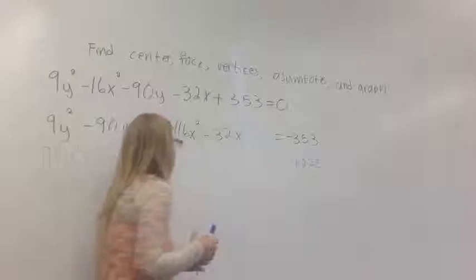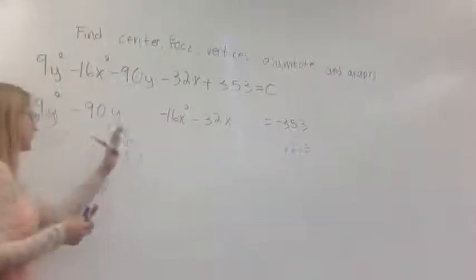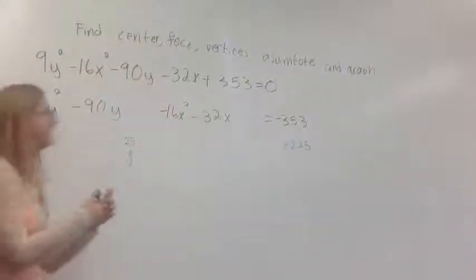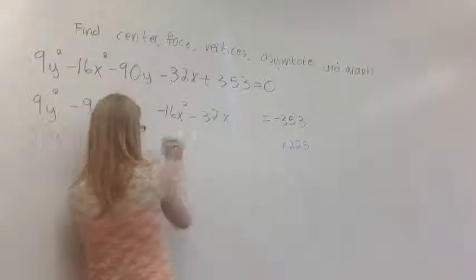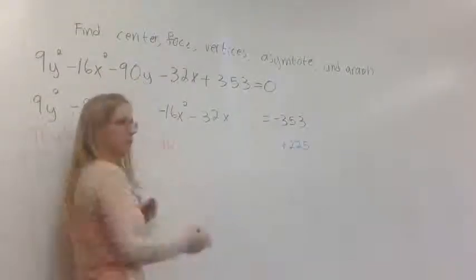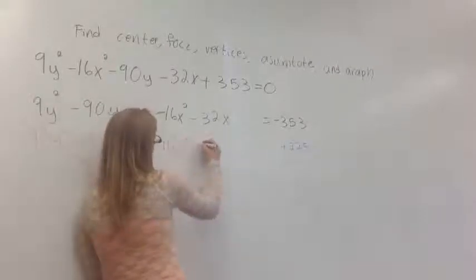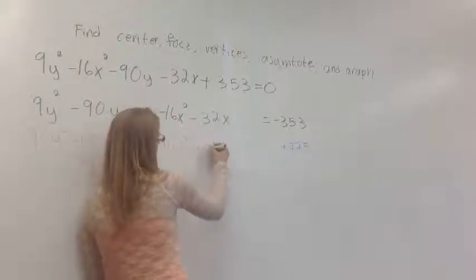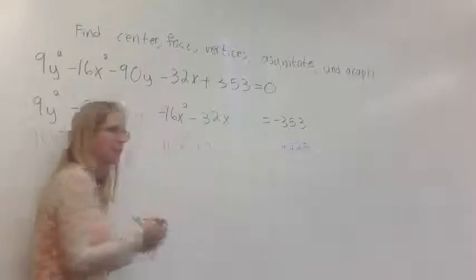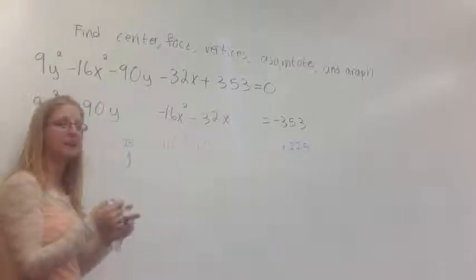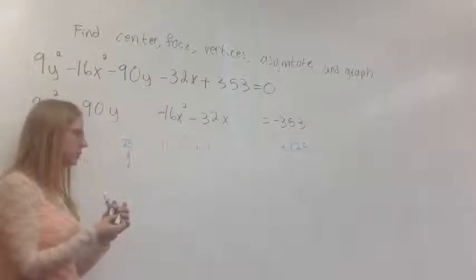Now I got to do the exact same thing for the x's. So for the x's, what do I need to factor out? A negative 16. Because that entire coefficient has to be factored out. So that leaves me left over with x squared, and then what? Plus 2. Factored out the negative 16. Then what do I do?